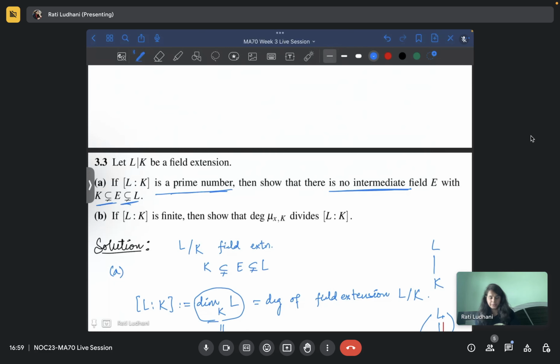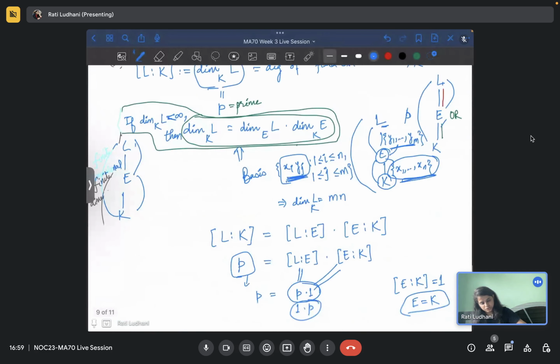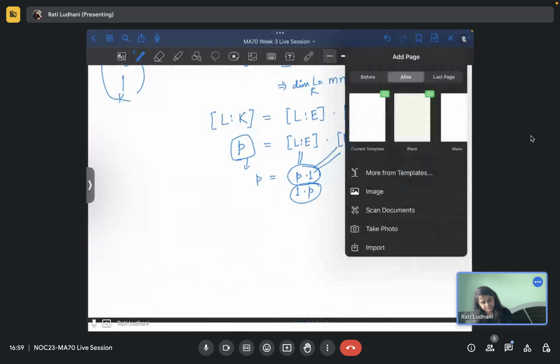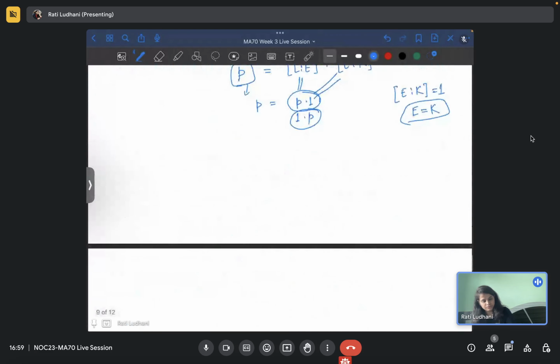Okay, so let's complete the second one. If L over K is finite, then show that the degree of the minimal polynomial of x over K divides the dimension of L over K. So you have been asked this. I'll just write what it says. As I said, L over K has to be finite to use this formula at least.